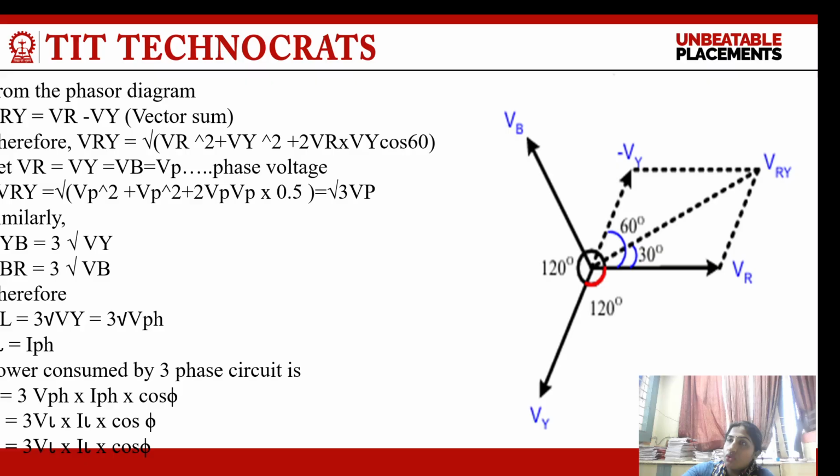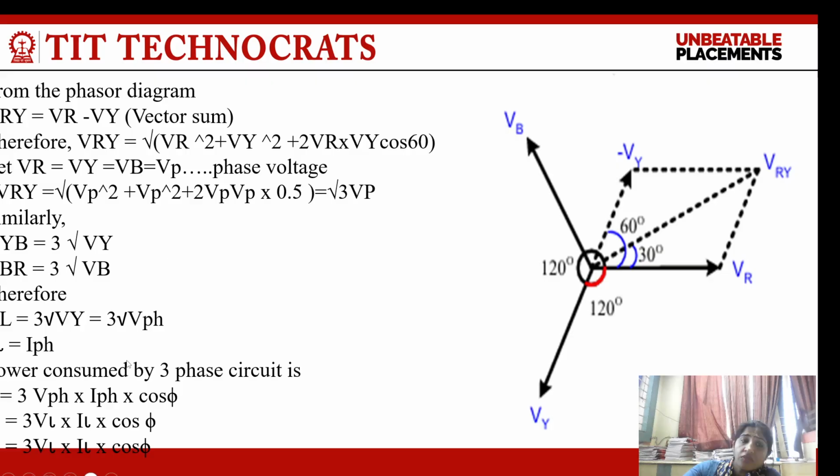Using that, the resultant Vry is the square root of Vr square plus Vy square plus 2 times the product of Vr and Vy into cos phi, where phi is the angle between the two vectors, that is 60 degrees. When we solve this, since it is balanced, Vr is equal to Vy, which is equal to the phase voltage. So we get the relationship that Vry is root 3 times the phase voltage. So we can conclude that the line voltage is root 3 times the phase voltage.